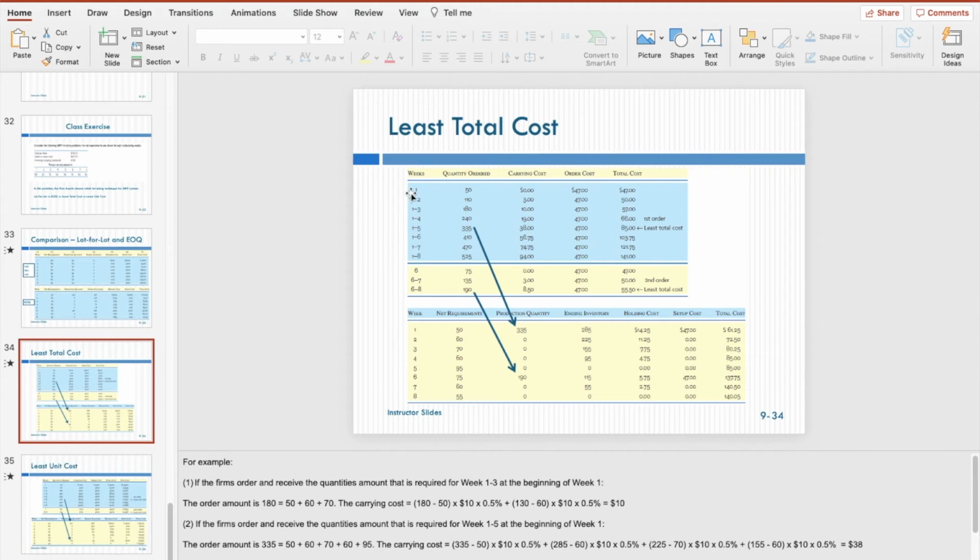So I will tell you how to calculate every specific amount within this table. You may feel this is a little bit complicated, but the calculation procedure is very straightforward as long as you understand the key point shown here, especially within this blue area.